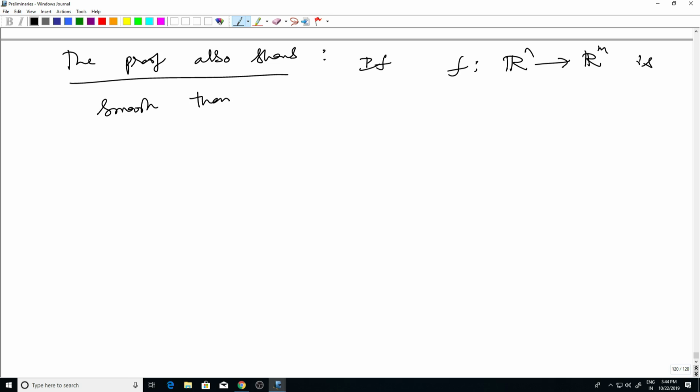But to make sense of the statement, we have to observe that the classical derivative, let's denote it by df at the point P. This is a map from Rn to Rm again.